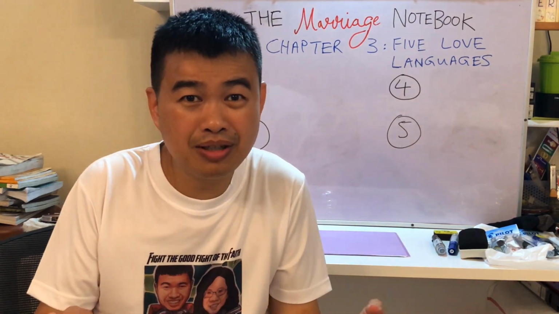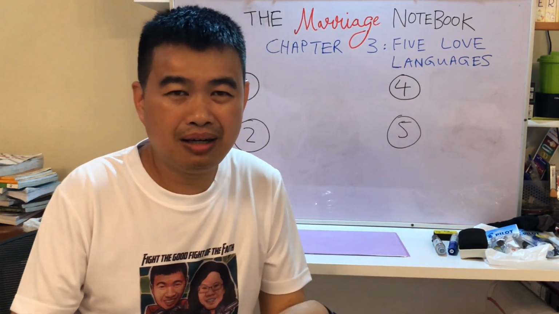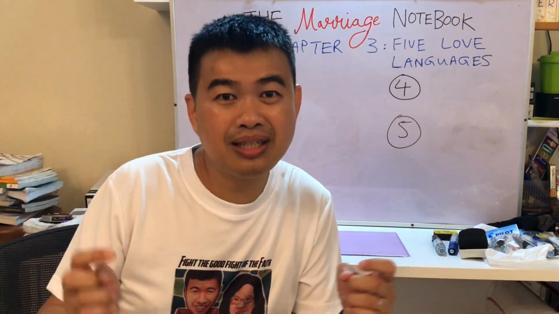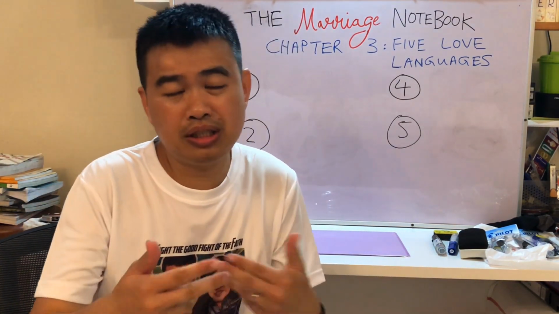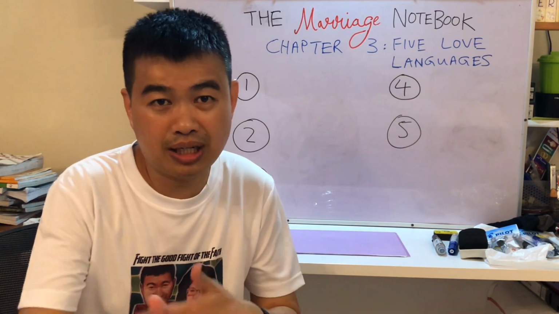That's normal, right? Because imagine somebody owes you a huge sum of money, you wouldn't like the person a lot, right? So similarly, if you owe your wife a huge sum of emotional debt, she wouldn't react that positively to you.